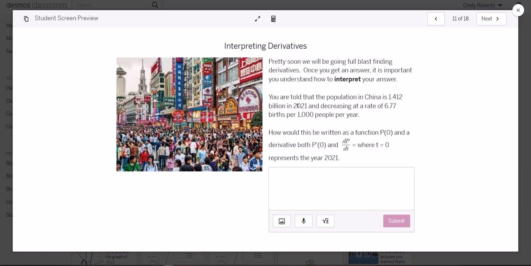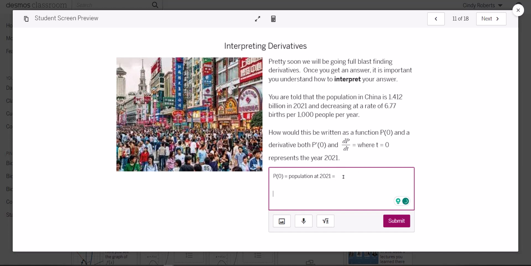And then you want to look at decreasing at a rate, which would be the derivative. So P of 0 is the population at 2021, and it looks like that's the 1.412 billion people. And then it looks like in 2021, which is this piece right here.